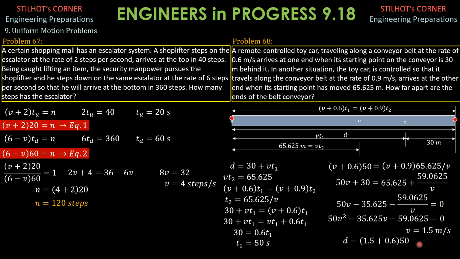Also 1.5 plus 0.6 times T1, which is 50, is also equal to 1.5 times 50, 75, plus 30, so 105 meters. So that's the distance between the ends of the conveyor belt. That's it for this video.